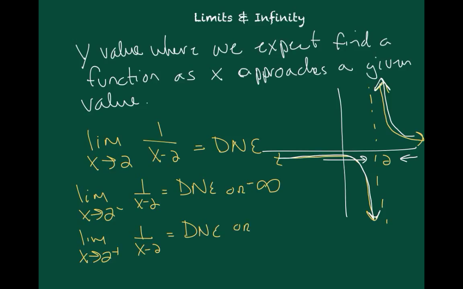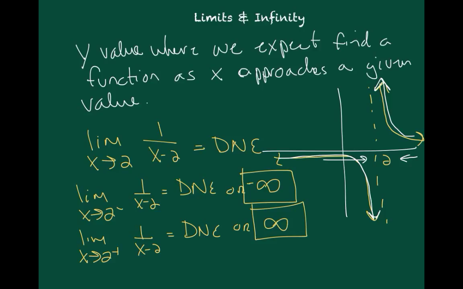Or you might say it goes to positive infinity. Because while it's not technically a limit, it is valuable for us to recognize that the function is growing toward a positive or negative infinity and to have the language for that. Okay, so that's an example of where the limit itself is going toward infinity.